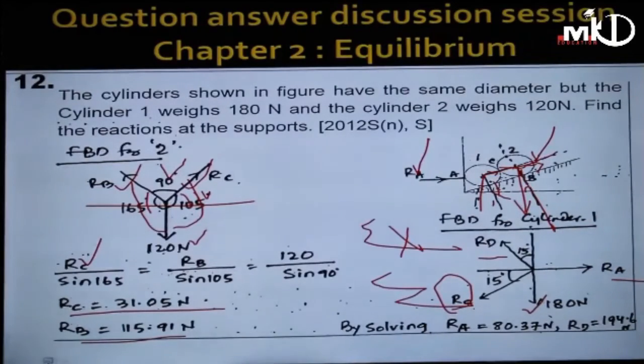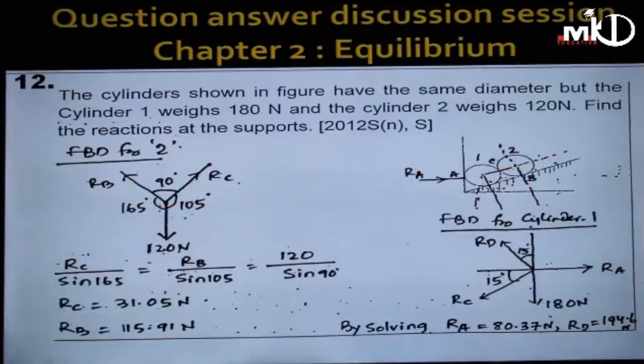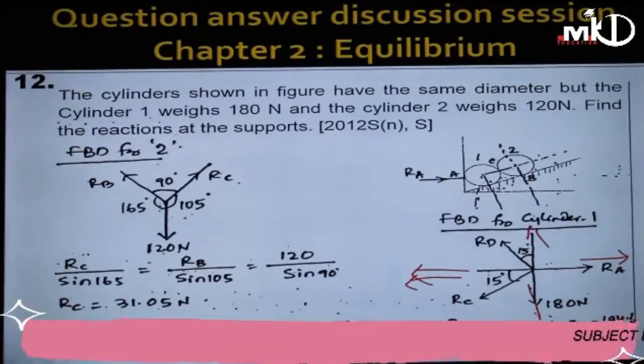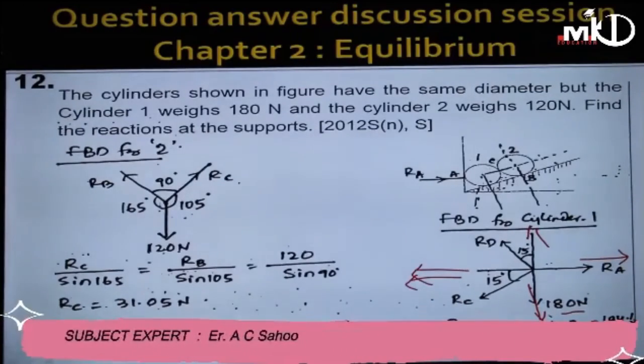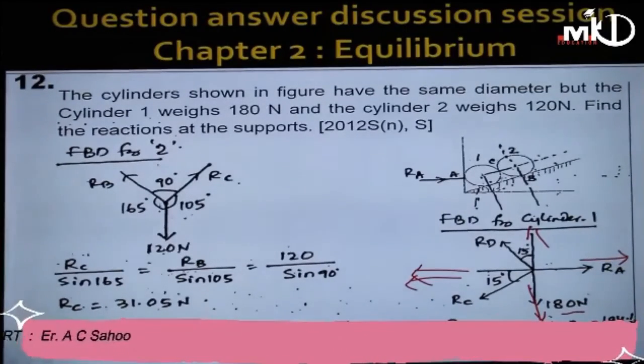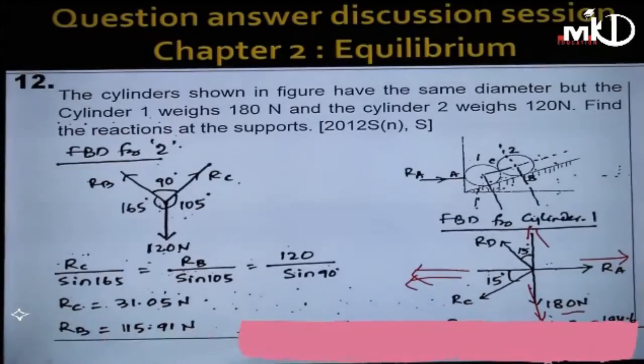If you apply total x equals 0, then you have RD sin 15 towards the left, RC cos 15 again towards the left, and RA is towards the right. Similarly in y, RD cos 15 is upward and RC sin 15 is downward, and 180 is already downward. So two equations will come. If you solve, you get RA equal to 80.37 Newton, RD equal to 194.6 Newton.